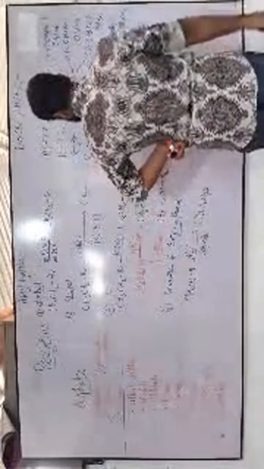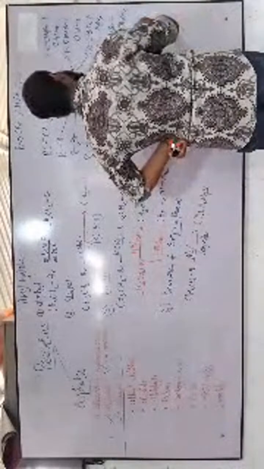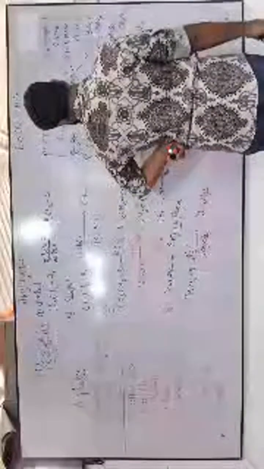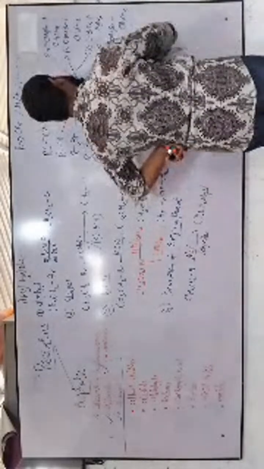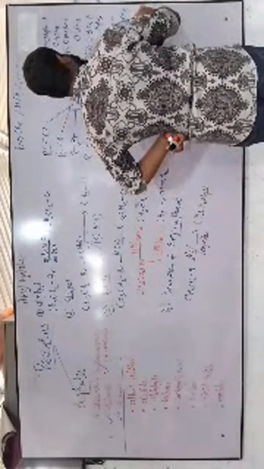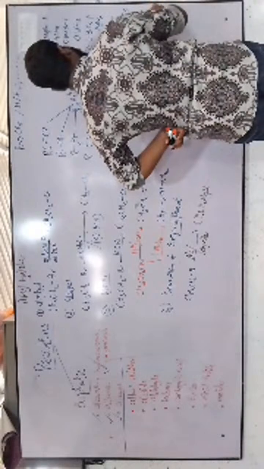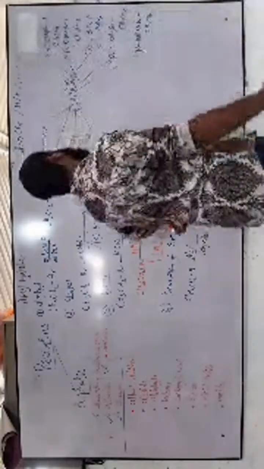If I use RNH2, what I will get is RNH MgBr plus CH3 CH3. Here one proton will be donated. H plus will be donated.